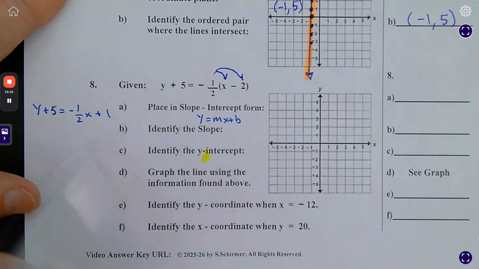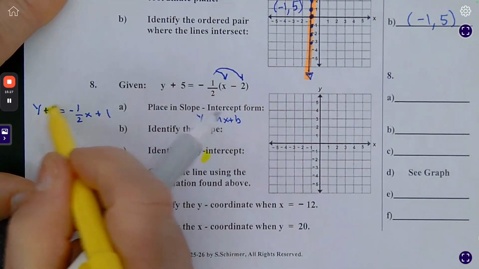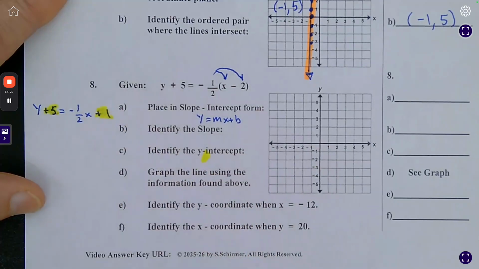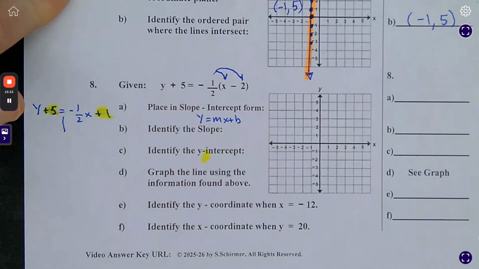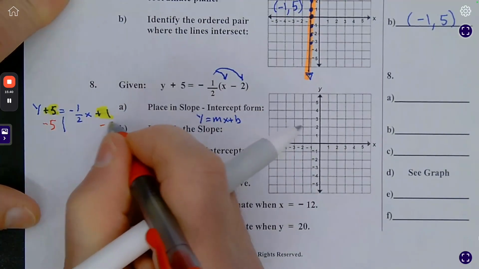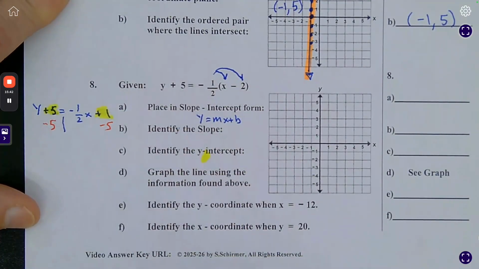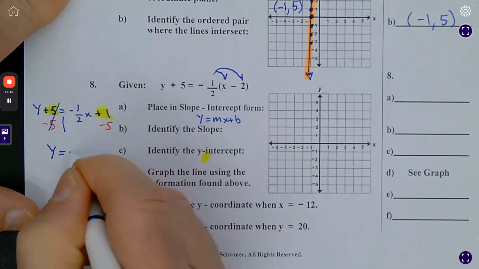Now look at here. I got these constant terms, because remember the goal is to get y by itself, so I need to move this over there. So I'm going to do the inverse operation of plus 5. The inverse operation for adding 5 is subtracting. Okay, so that's like that. This goes to 0, and notice I got y by itself. That's what I wanted.